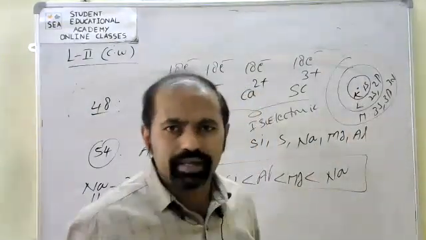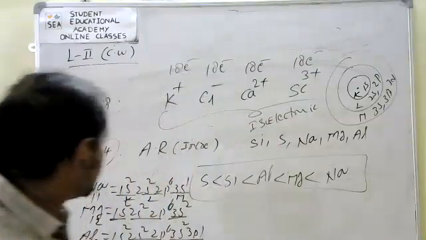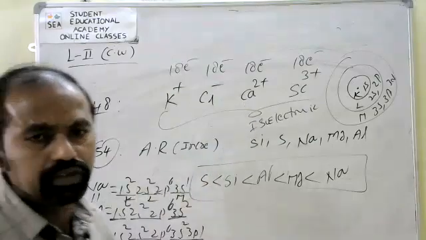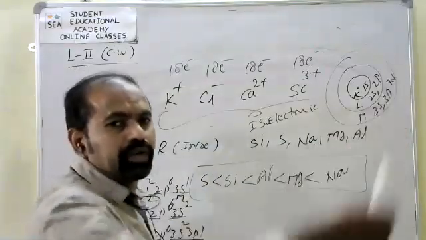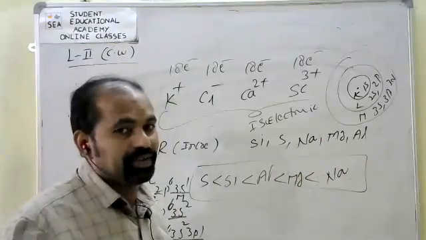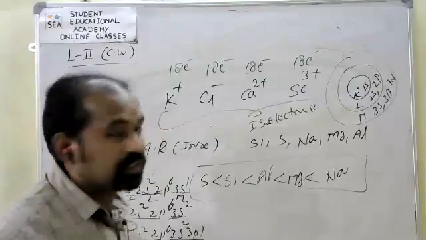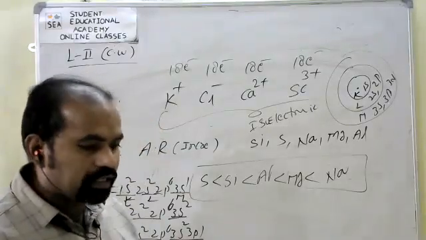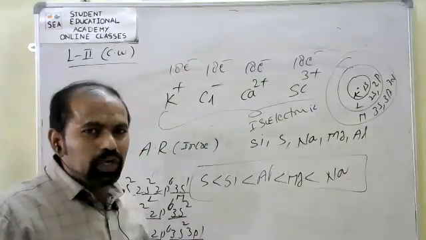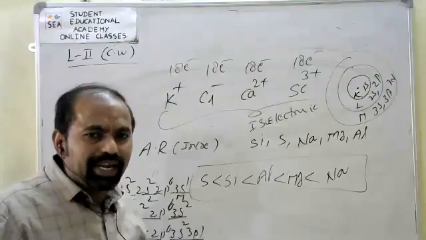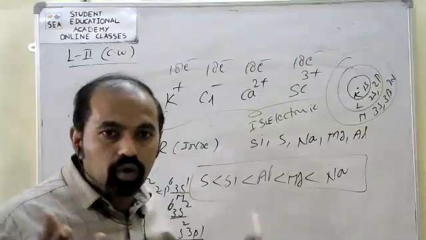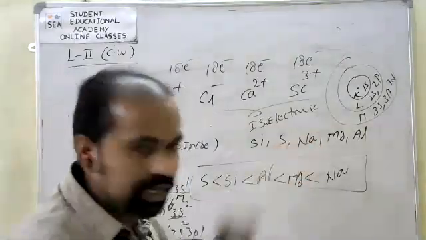So the distance between the outermost electron and nucleus has no change. But protons change; protons depend on atomic number. Less protons, size more. Less protons means nuclear attraction less on the valence electron, so size more. Nuclear attraction more means size less. Based on that, I have given that order.